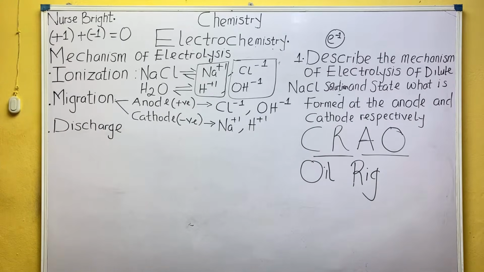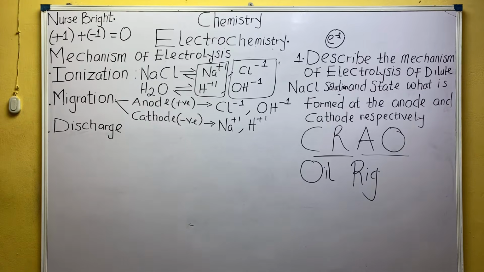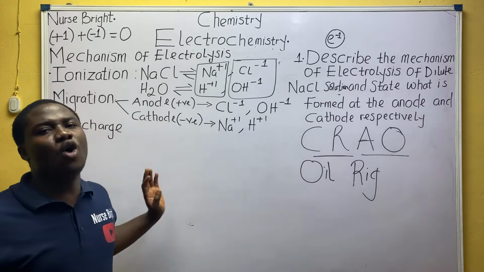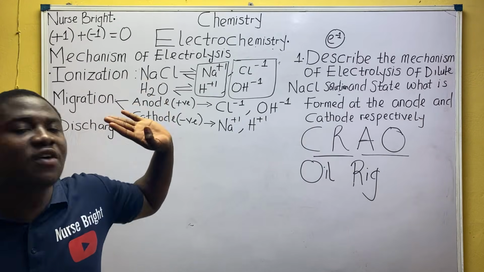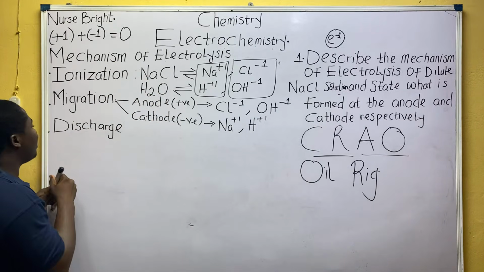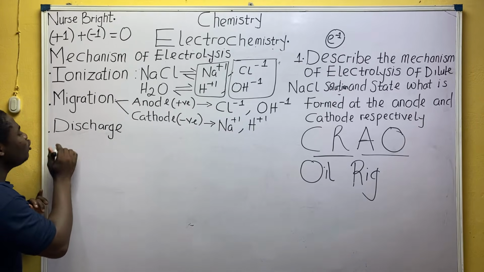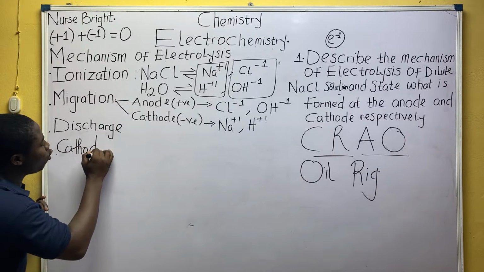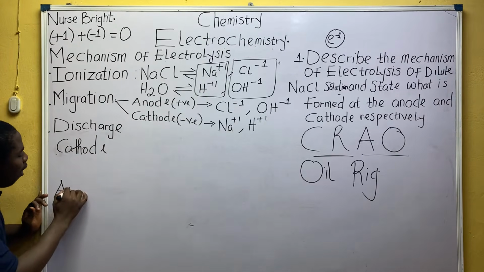Then, class, in this case, there is a competition. Because initially, when that compound wasn't in a solution, it was just molten, there was no competition. When we went to the discharge at the cathode and at the anode, you knew what happened.